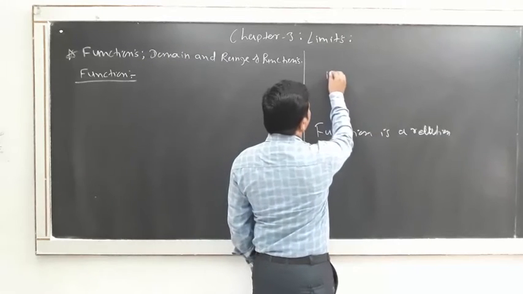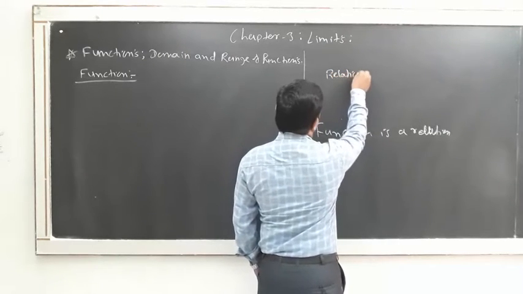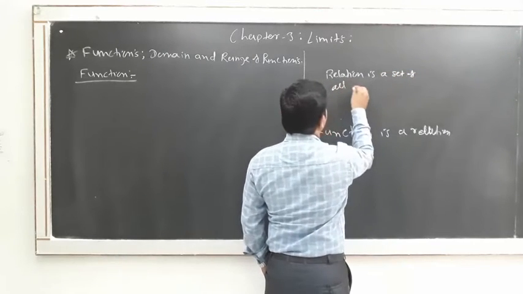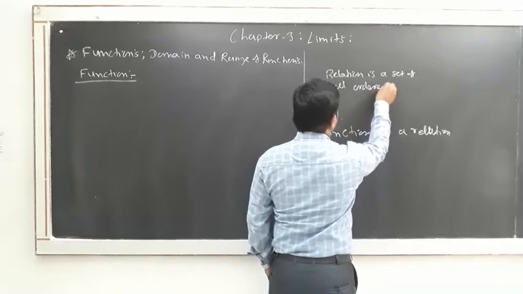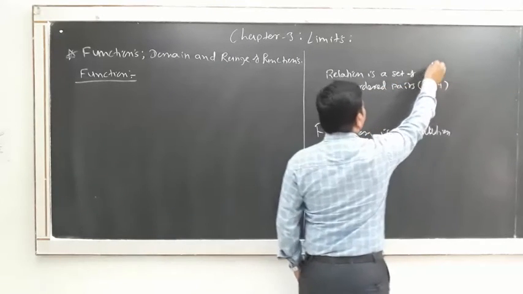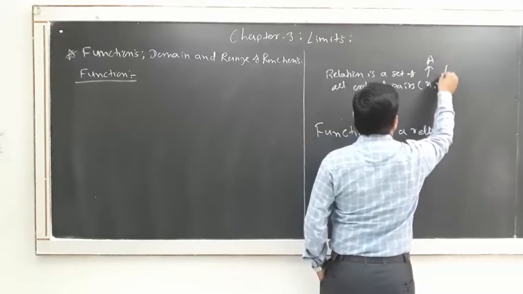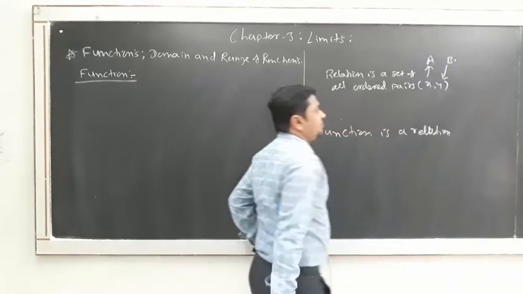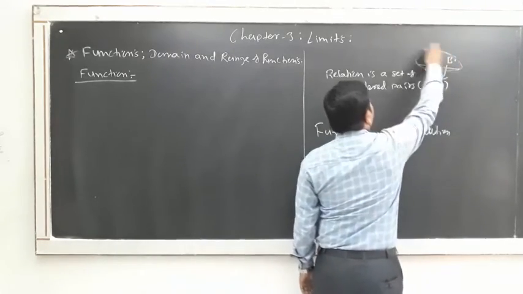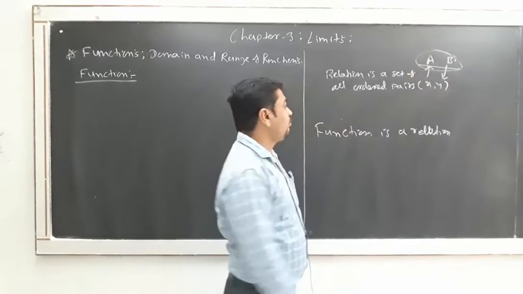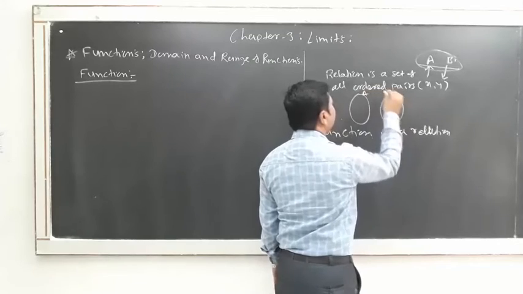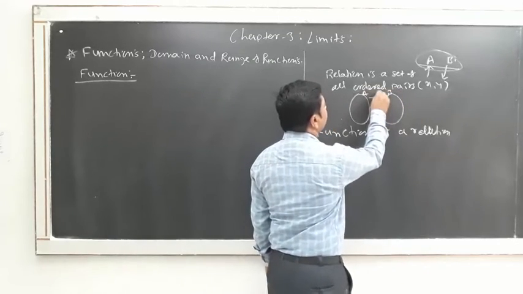Relation is a set of all ordered pairs (x, y), that is, all x from set A and all y from set B. Then we say that this is the relation between A and B. That means, suppose you have been given these two sets A and B, then you say this is the relation.